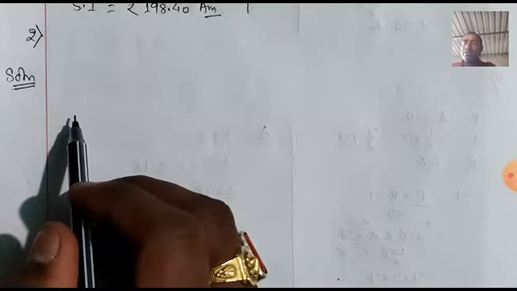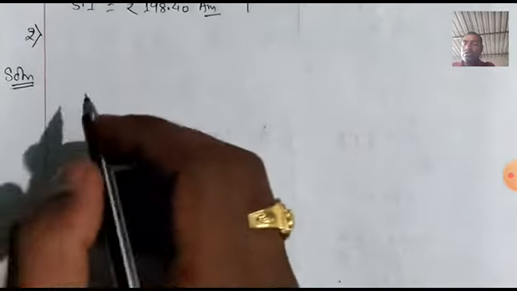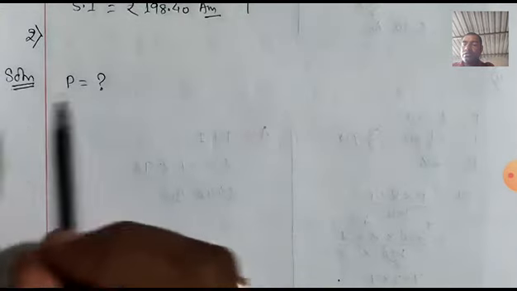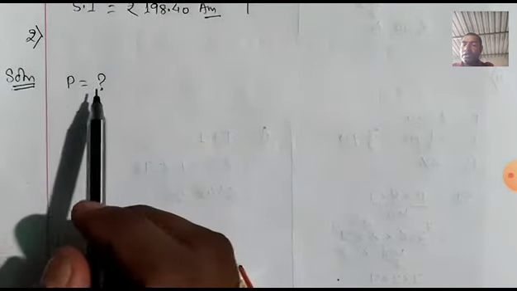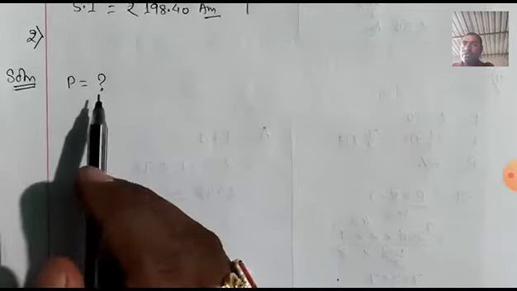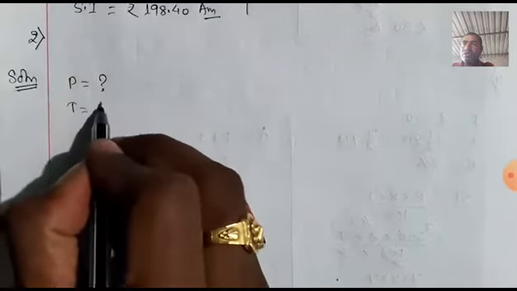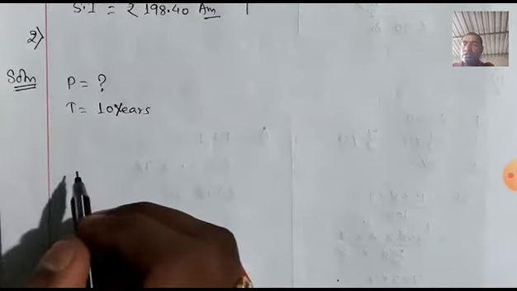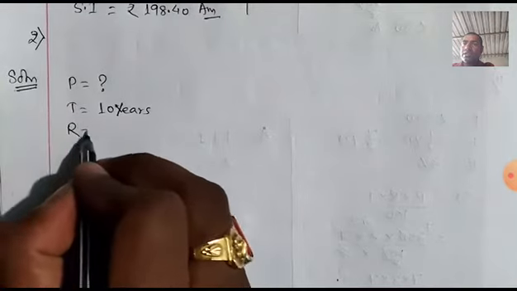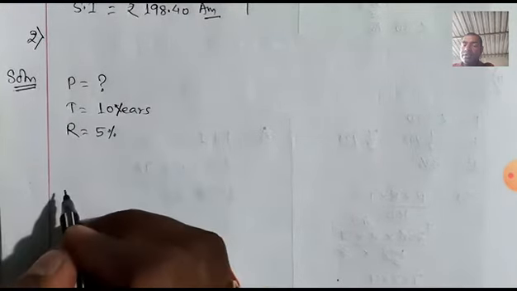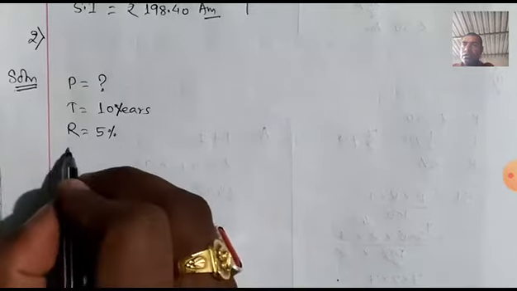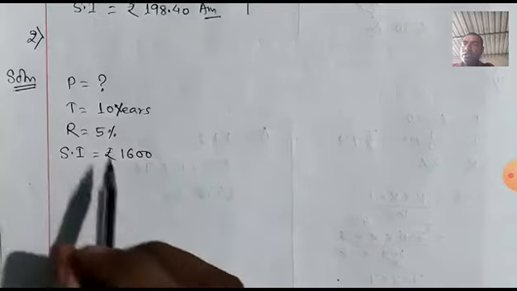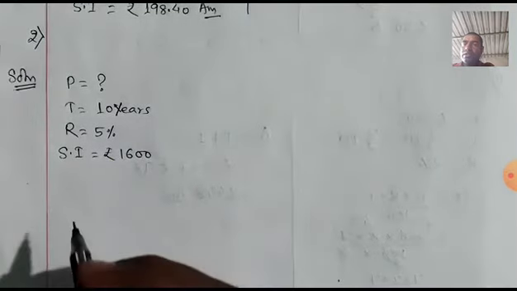On what sum of money does the SI for 10 years at 5% become 1600? So here P is not given, question mark. T is 10 years, R is 5%, and SI is given, 1600. And we have to calculate the principal.